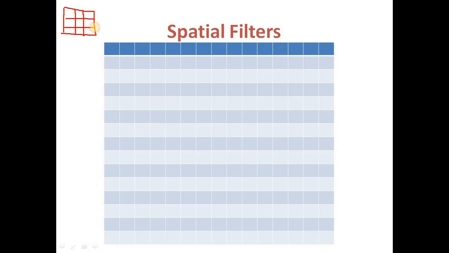This kernel can be shifted horizontally and vertically over the entire image. I'll show you. It is a 3 cross 3 kernel. When the kernel is placed here, it spans a sub image of the entire image.